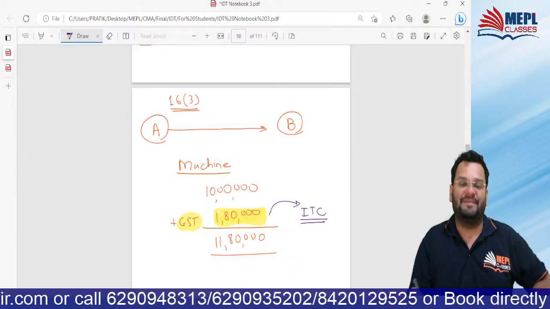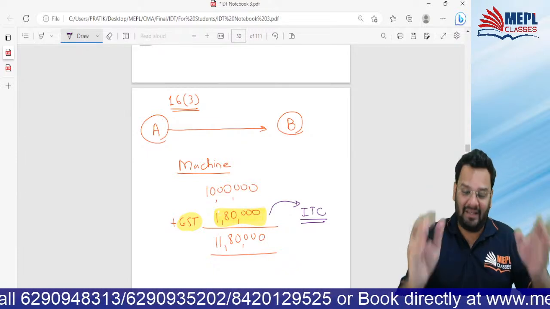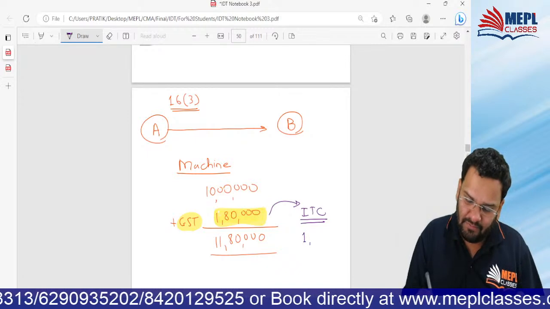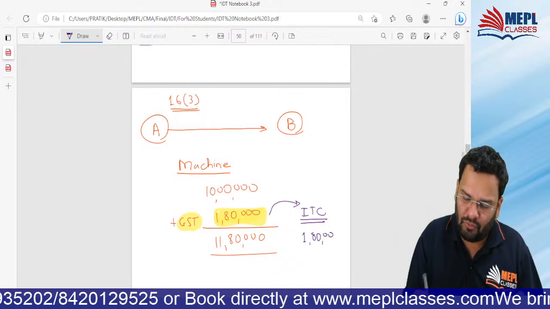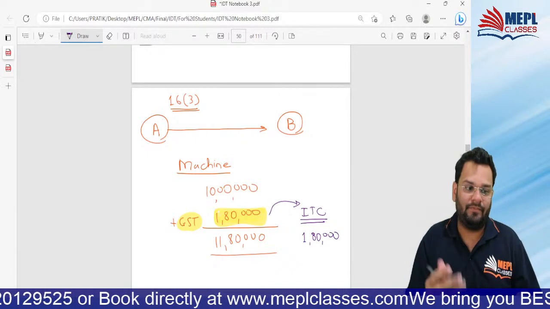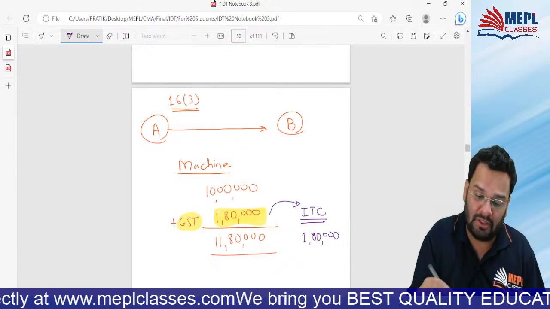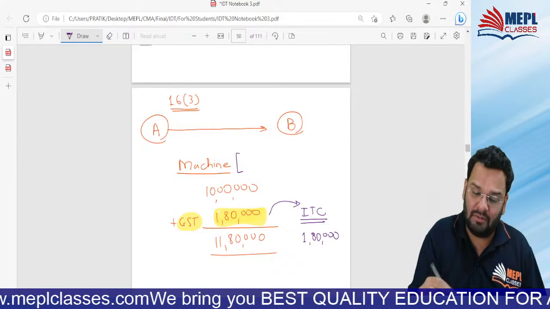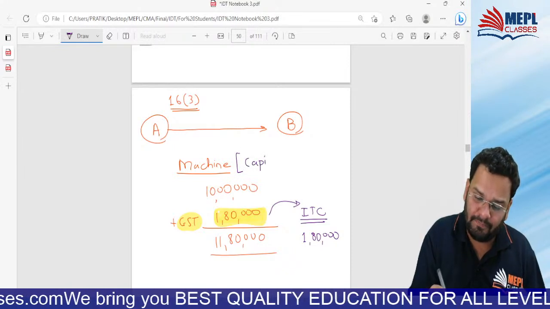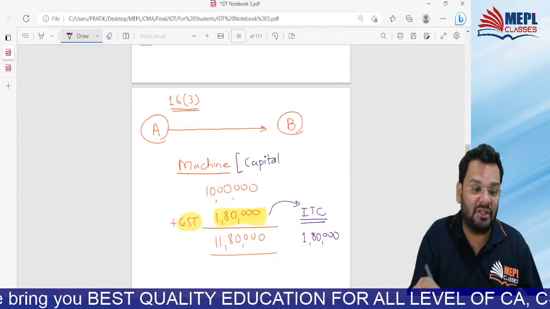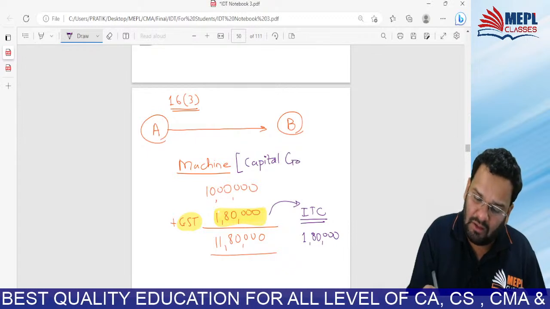What is your opinion? Obviously, you can claim ITC of 1,80,000, because this machine is nothing but your capital goods.